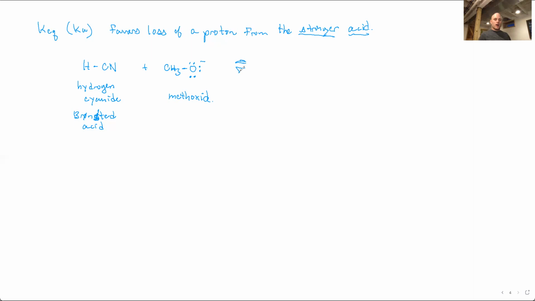Okay, and so when you mix these two reagents, a Bronsted acid-base reaction occurs.